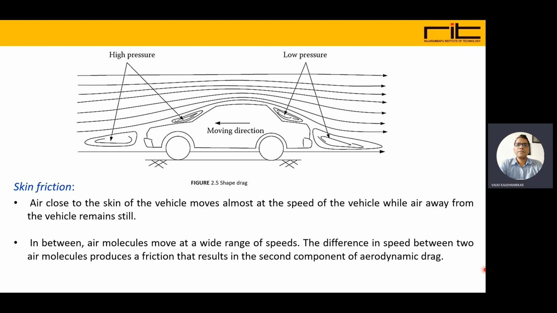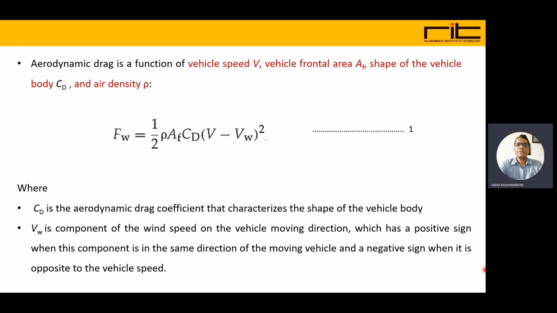So this resultant aerodynamic drag is a function of vehicle speed V, vehicle frontal area AF, shape of the vehicle body CD, and air density rho.